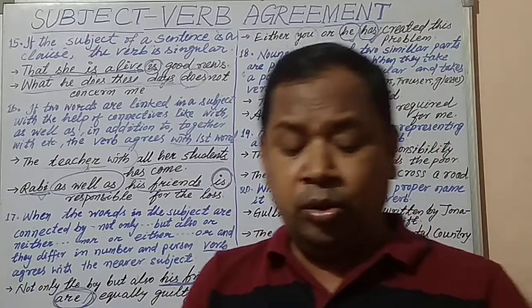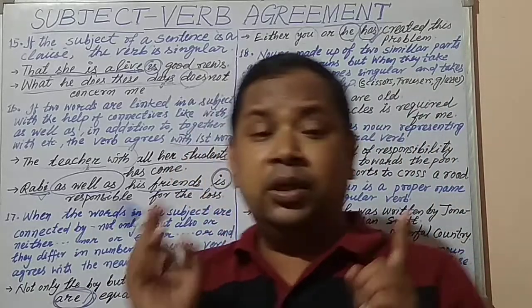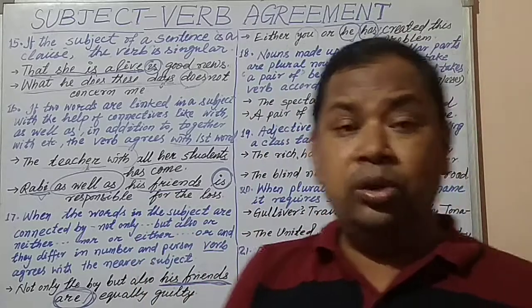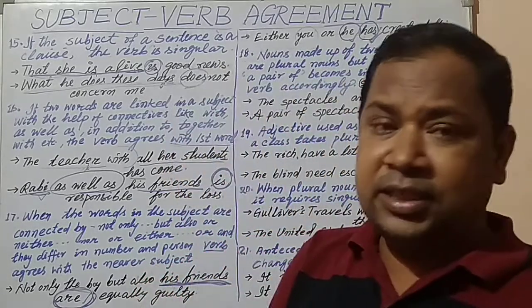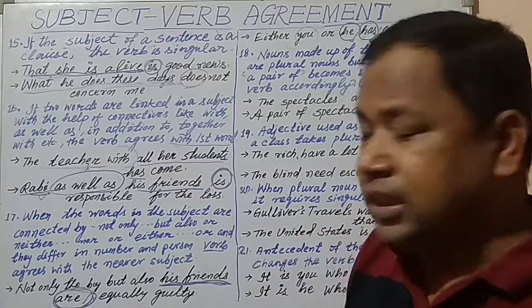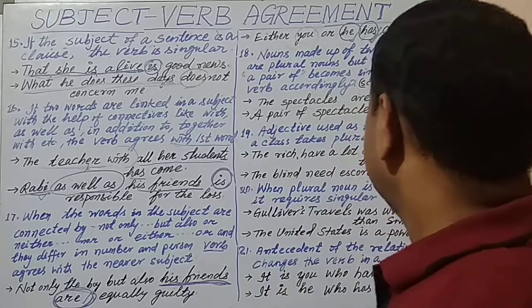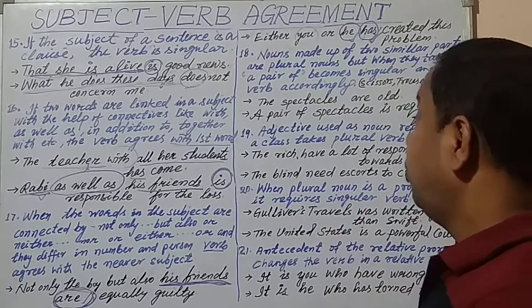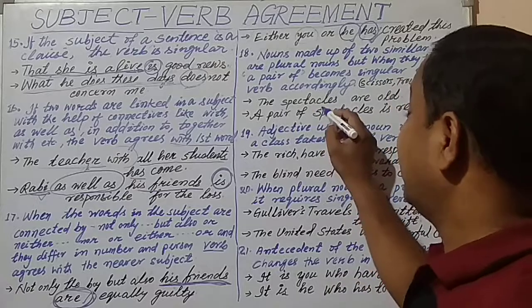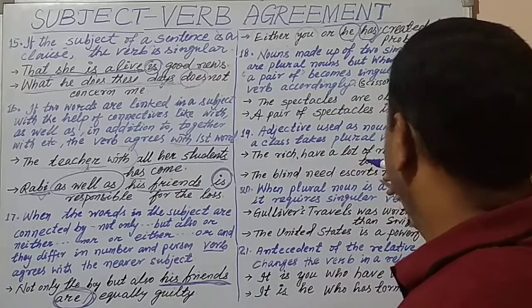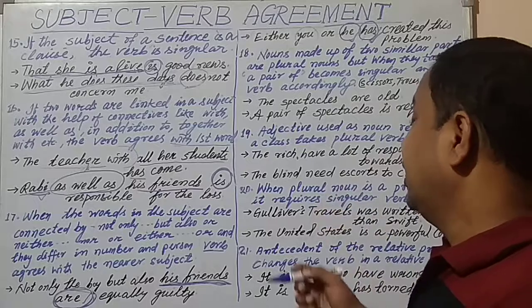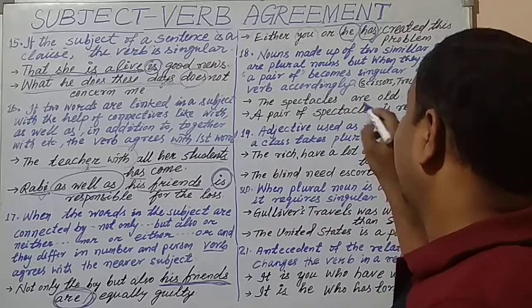In scissors you will see also two parts. So scissors is always plural. Spectacles is plural. Scissors is also plural. So accordingly, they take the plural verb.